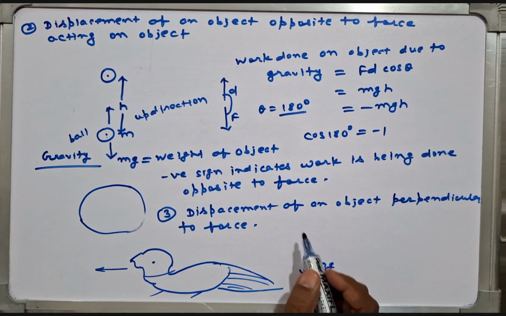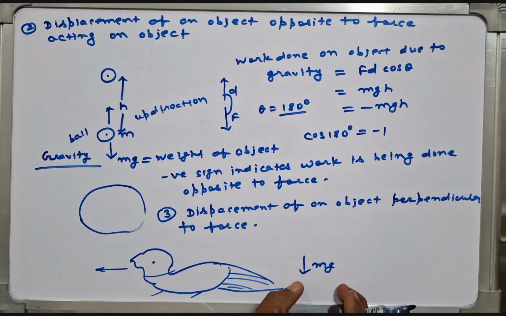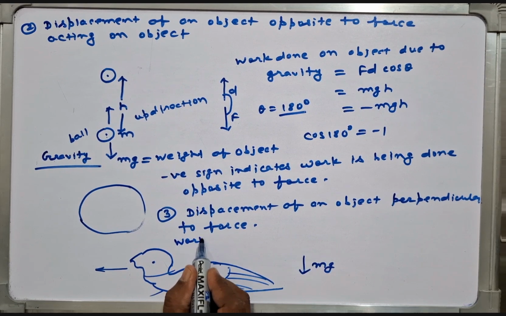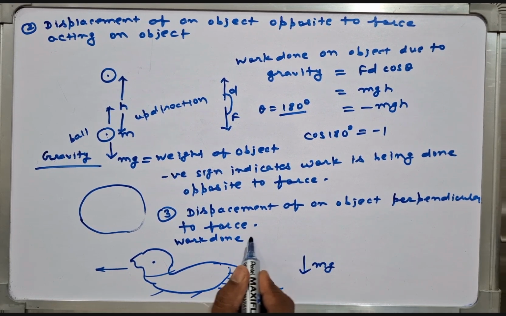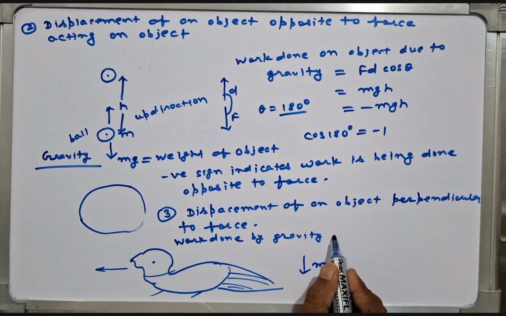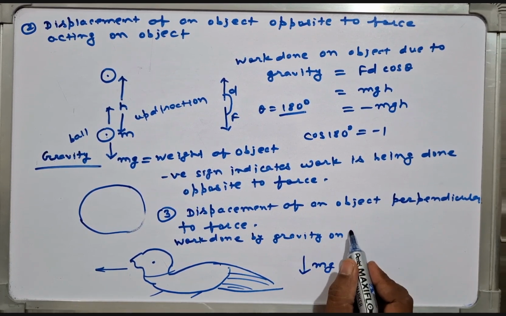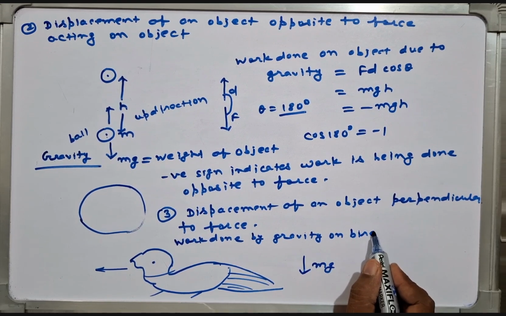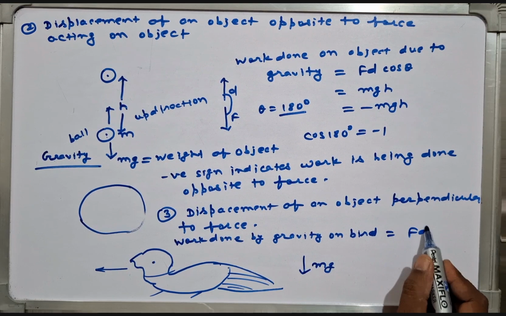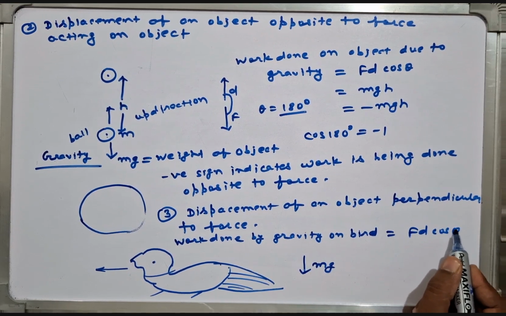Okay, so what will be the work done by gravity on this bird? Work done by gravity on the bird is equal to, guys, force into displacement and cos theta.